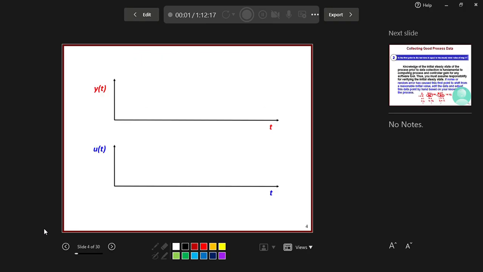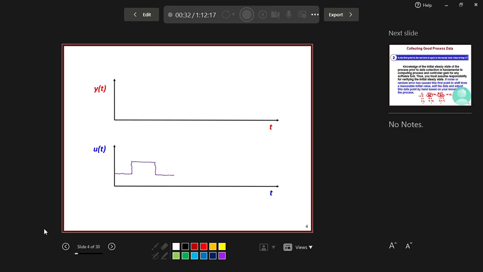Let us assume that you have an input for the process at a certain value, and for some reason there was a step at this time, it stayed for some period of time, and then went back here and then continued. Due to these changes in the process, there were also changes in the output.